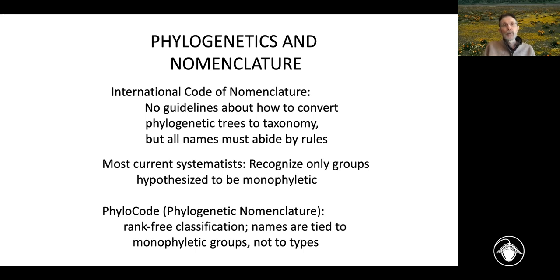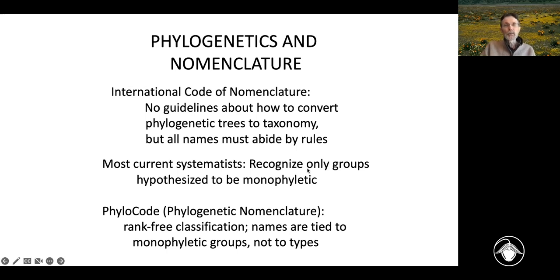Names have been applied to taxa long before phylogenies were being estimated. All names have to abide by the rules, but there are no rules about the criteria for what actually represents a particular taxon with a particular circumscription, rank, and position within the overall hierarchy.